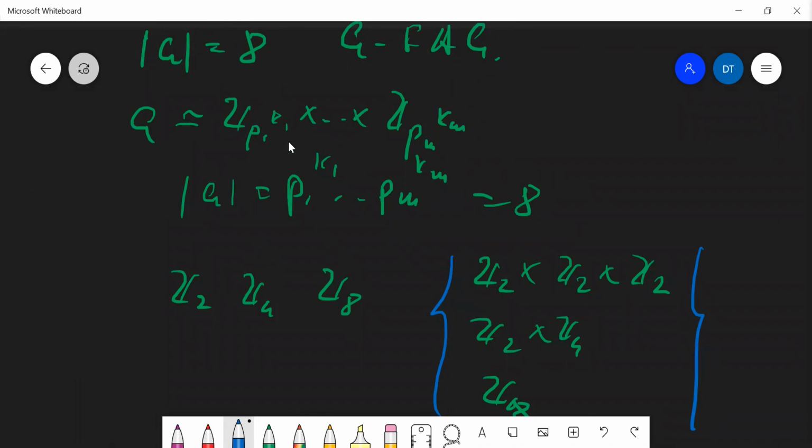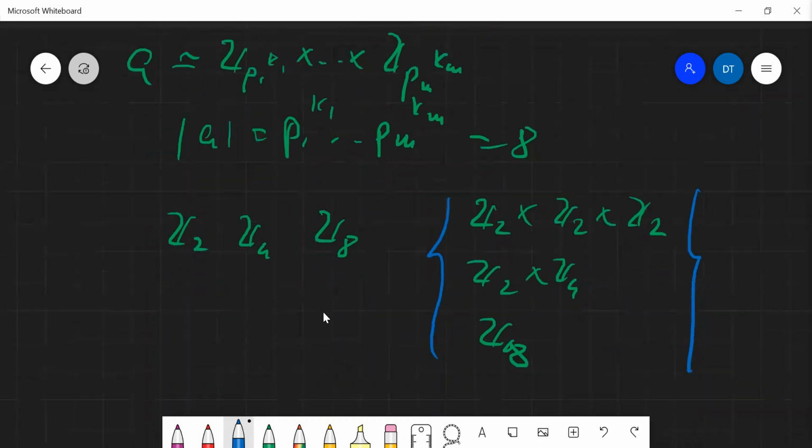So each p_i is 2, and the difference is how we choose these powers k1, k2, etc. So these are all options for the factors that we may encounter in the group G. So the only thing that may happen is how to combine these groups together using the product in order to get a group of order 8. And these are all possible ways. Okay, is it clear?